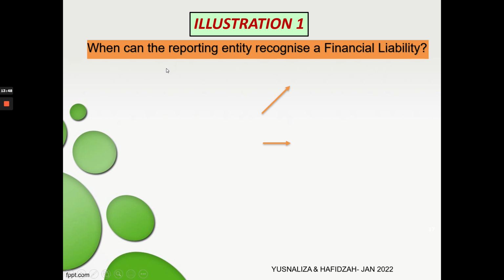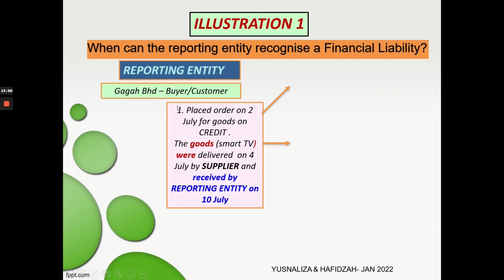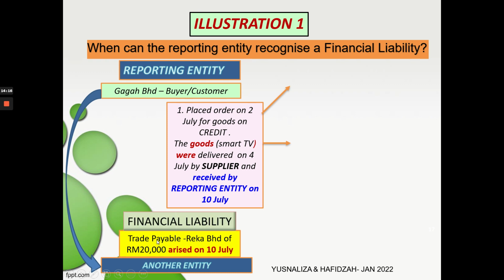So when can the reporting entity recognize a financial liability? In our case here, we are the buyer, the customer, and we are the reporting entity as well. We placed the order again on 2nd of July. The goods were delivered, as I mentioned, on 4th, but were received by the company on 10th. So the date that we received the goods is the one that gives rise to a financial liability to us, where we have a financial liability called trade payable.